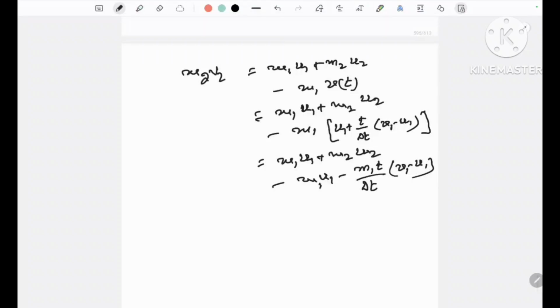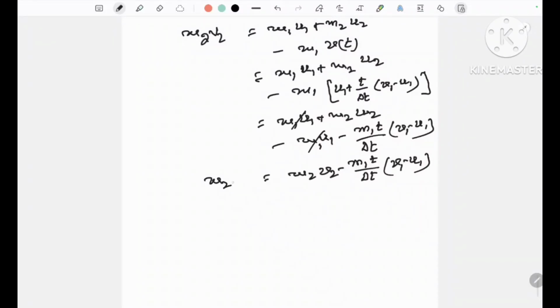Here m1 u1 cancels with m1 u1, so m2 v2 equals m2 u2 minus m1 t by delta t times (v1 minus u1).